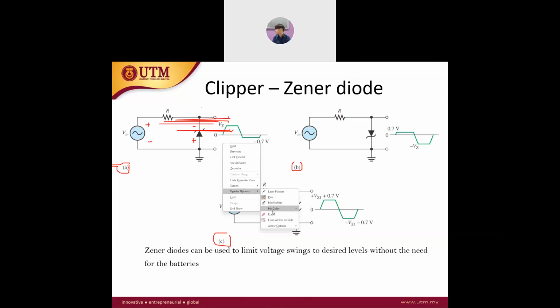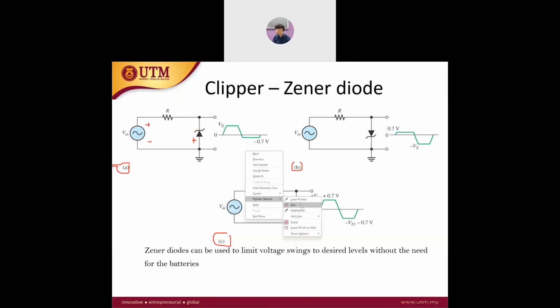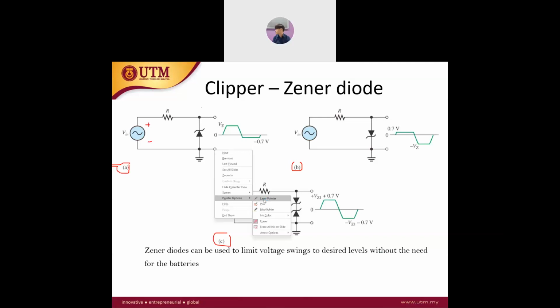So we have some eraser here. For the ZENER diode, because it's supposed to operate in the breakdown region, here is how you draw and label it.